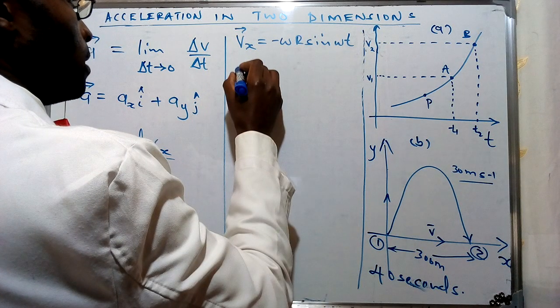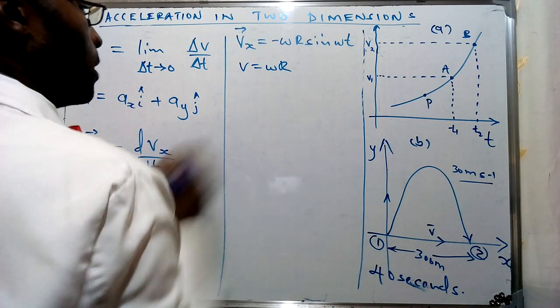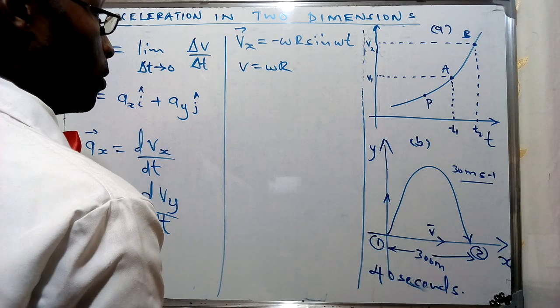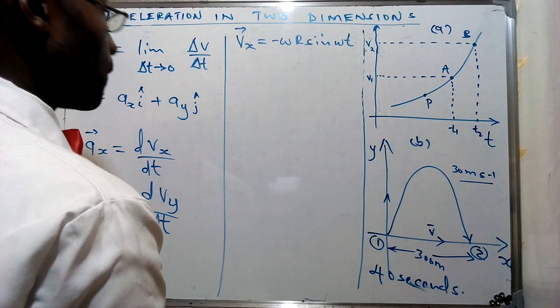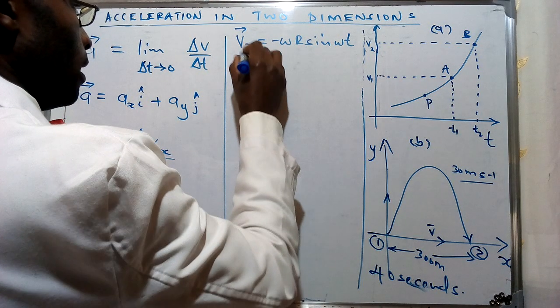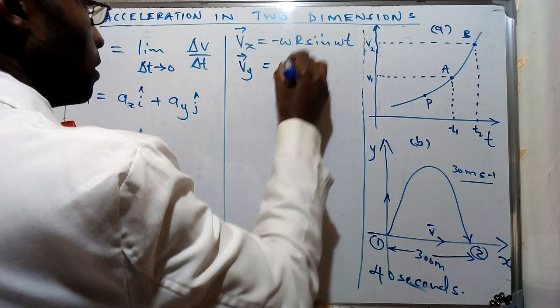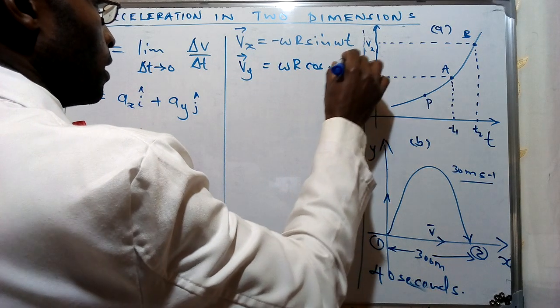Now, we have decided that these two aspects, the speed and, of course, the angular velocity omega, are going to be constant values. And therefore, for the y component, we can represent this as r omega cosine of omega t.